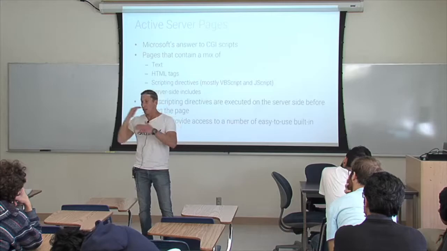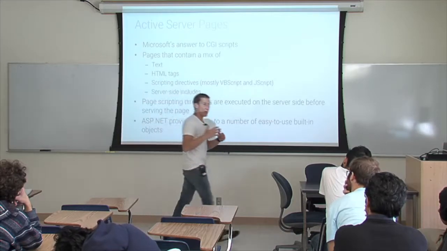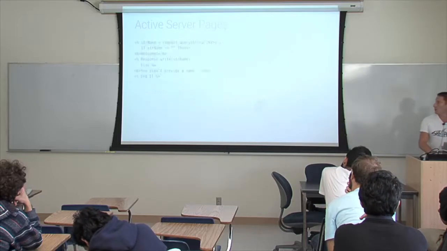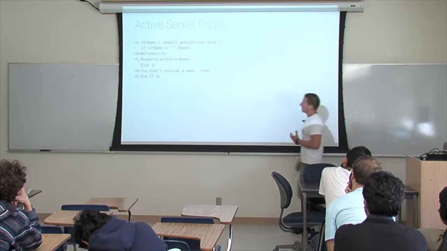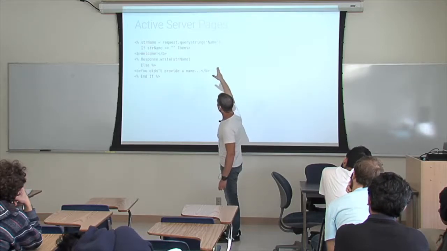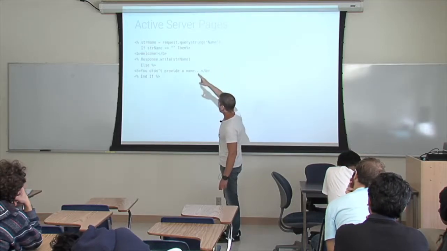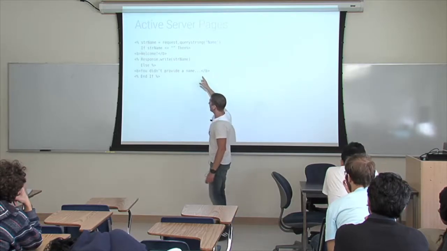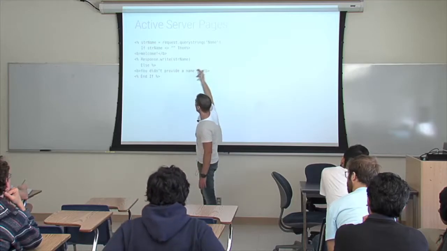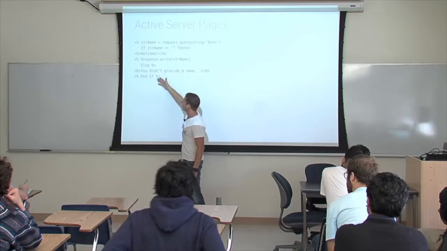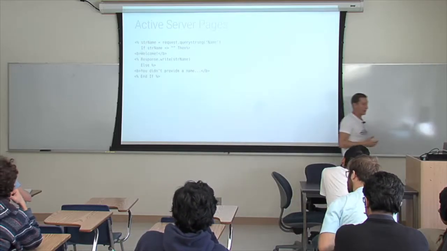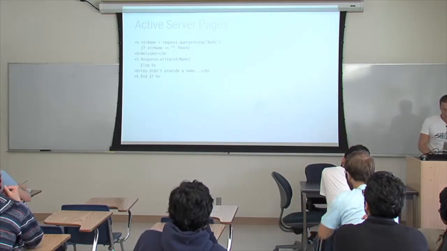It's HTML, but all these directives are executed and can make the page more interesting, can execute code. This is an example that obtains a variable name from the query string, and if somebody passed the parameter name, then the response will be hello, welcome, or we will complain if nothing is provided.